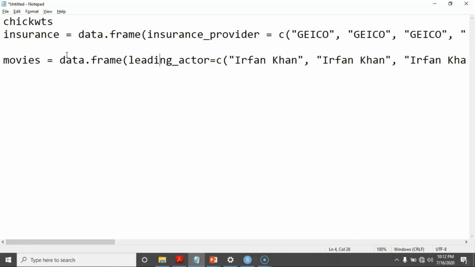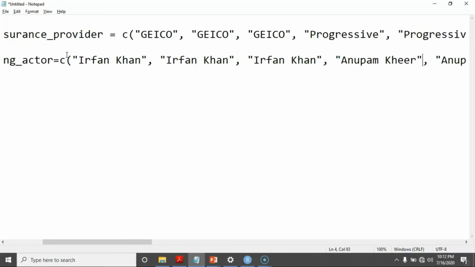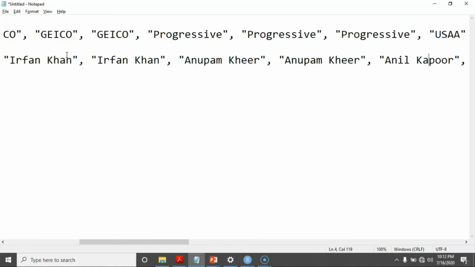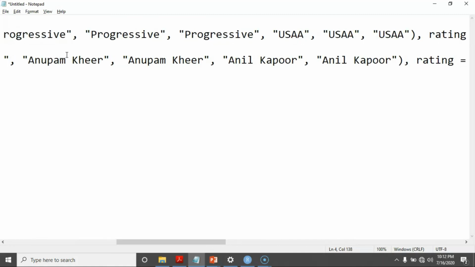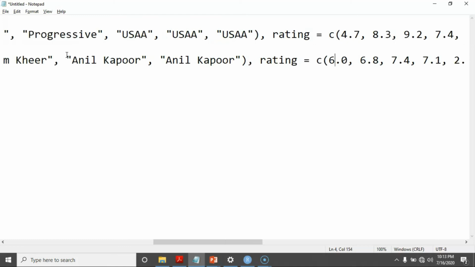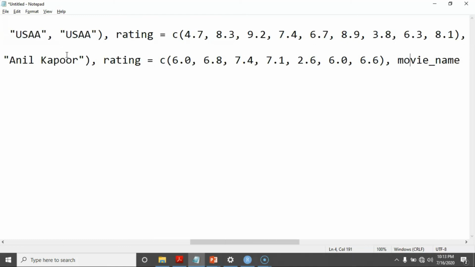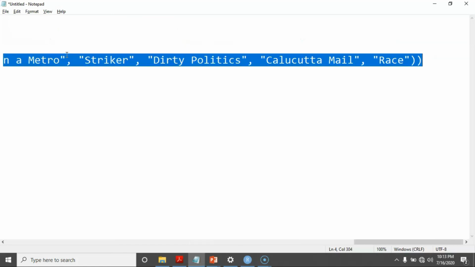First attribute, leading underscore actor, using the concatenate operator to create a list of values for leading actor: Irfan Khan, Anupam Kher, Anil Kapoor. Then a second attribute, rating, and the third attribute. Why am I using the second attribute as rating when in the actual data it is the third attribute? No problem.